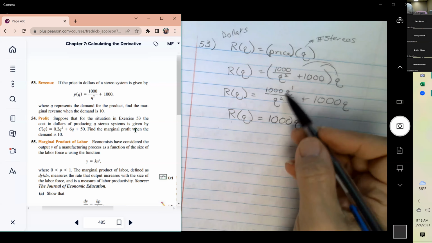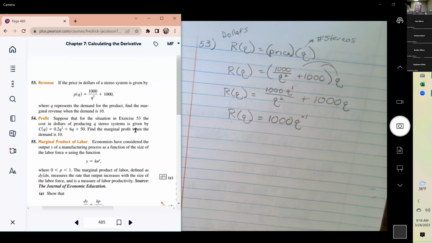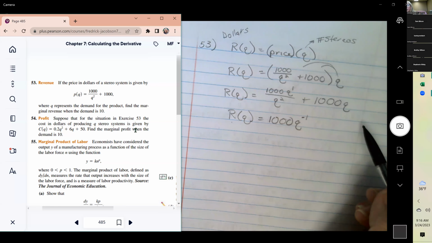Now, I could have just canceled and left a Q in the bottom, but I know I need to take my derivative, so I would have brought it up anyway. So when you're dividing, it's the top minus the bottom on the exponents.